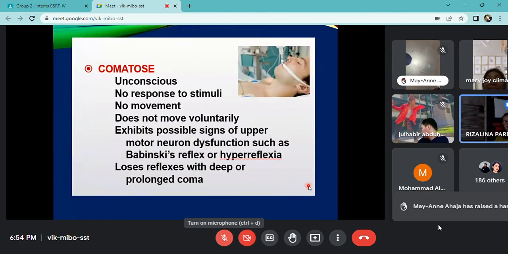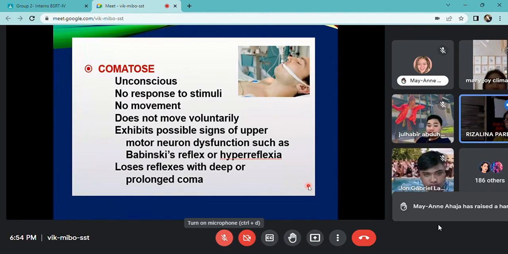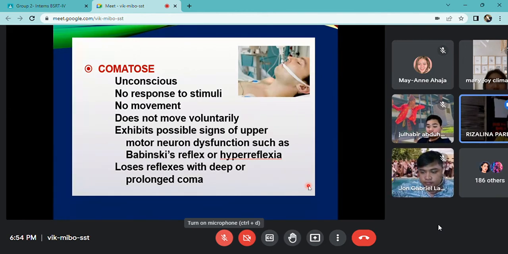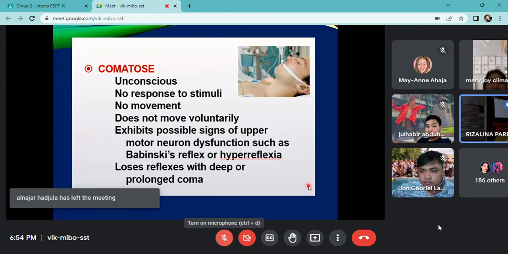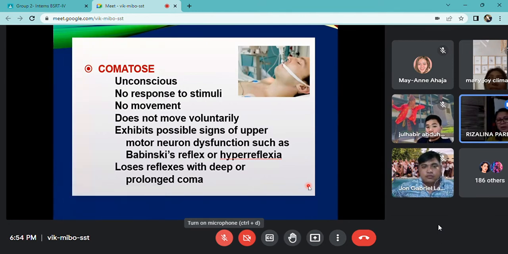Comatose type: the patient is unconscious, no response to stimuli, no movement, does not move voluntarily, and exhibits possible signs of upper motor neuron dysfunction, such as Babinski reflex or hyperreflexia. The patient loses reflexes with deep or prolonged coma.